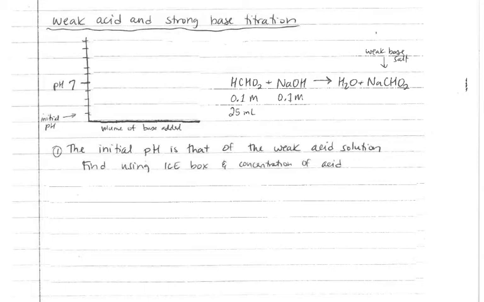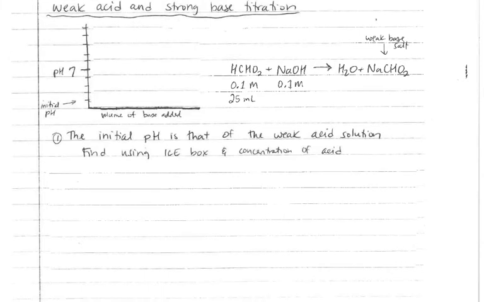Alrighty, so some differences in this titration curve. The initial pH of the weak acid solution is going to be found slightly differently. For a weak acid, the initial pH is found using an ICE box because weak acids are only partially dissociating. So for example, in this problem, we are starting with 25 milliliters of a 0.1 molar solution.